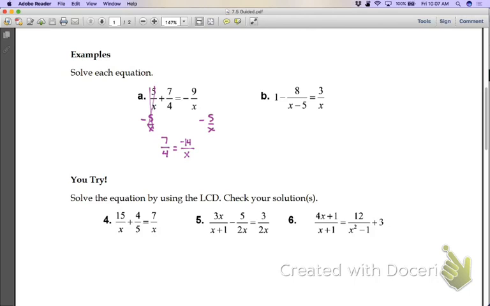So now I have 7 over 4 and negative 14 over x. In the back of my mind, what can x not be? 0. What am I going to do with my values? Cross multiply. I take 4 times negative 14 and get negative 56.